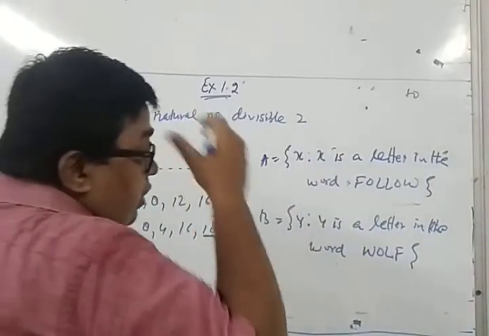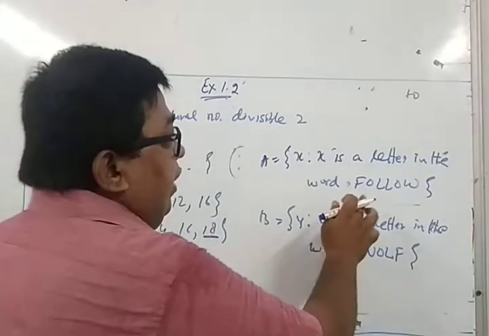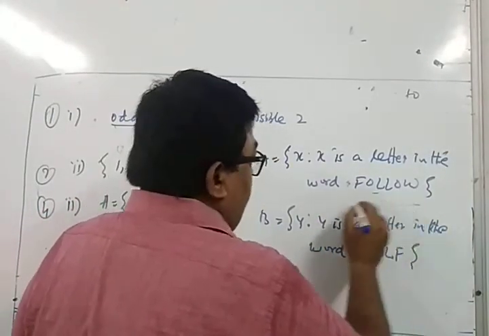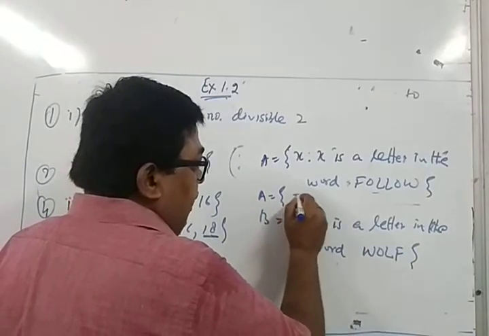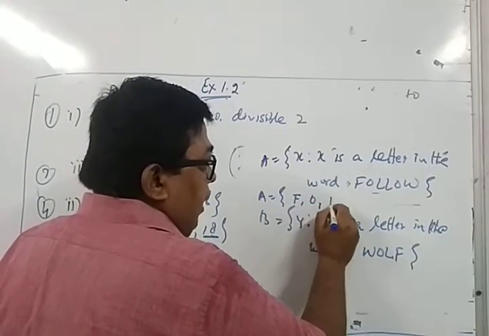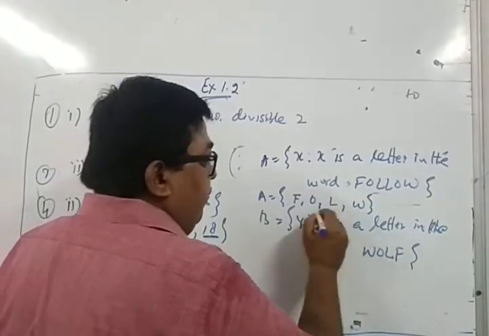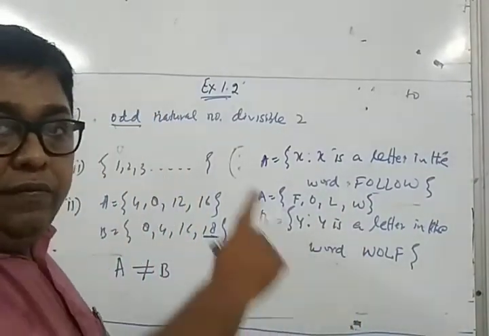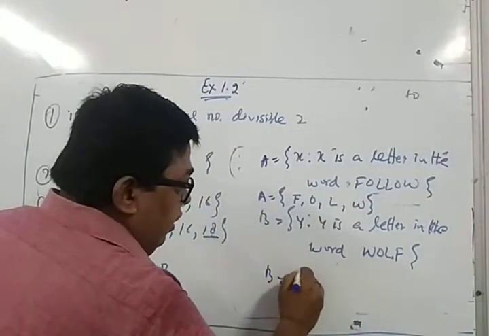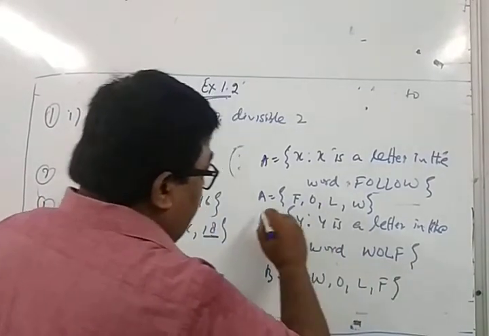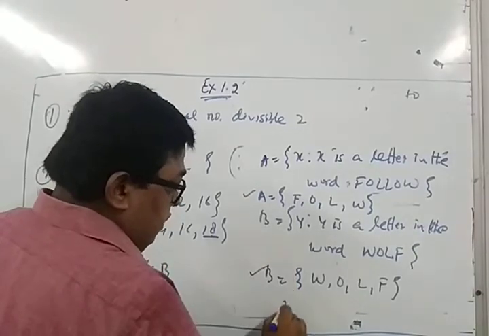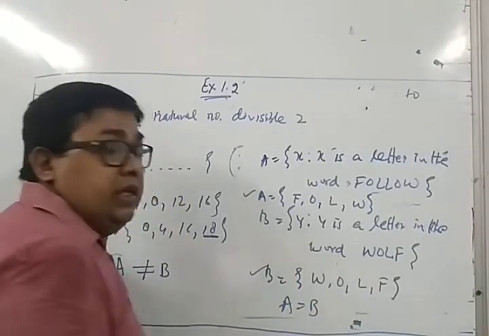Just see here, F, O and L are repeated twice. So if you write it in roster form, you will write F, O, L and W. Only 4 letters exist. Here in B, W, O, L, F. And you can see this is equal to this, hence A equals B is correct.